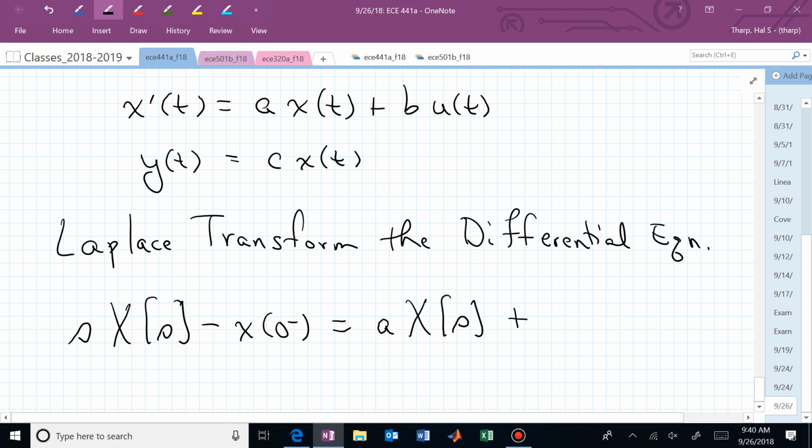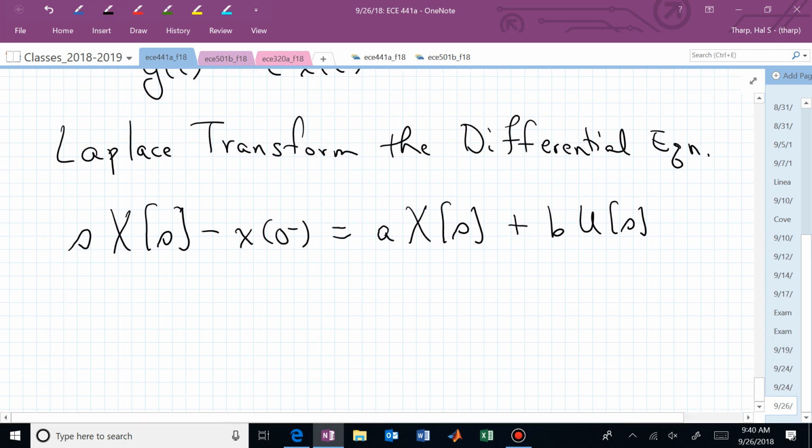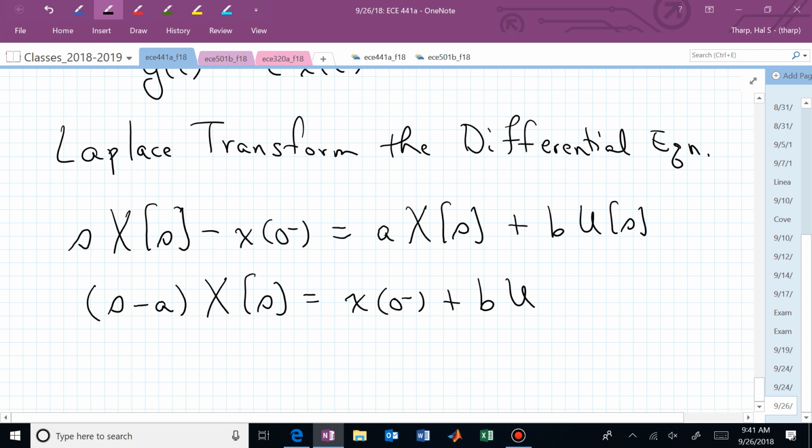Doing the same with the second term, the constant scalar b slides out, and we now have b U of s. Let me combine my terms involving capital X. I now have (s minus a) capital X of s equaling x of 0 minus plus b U of s.